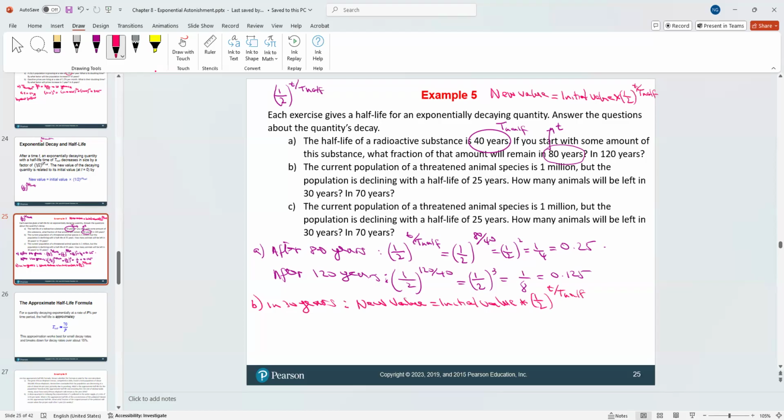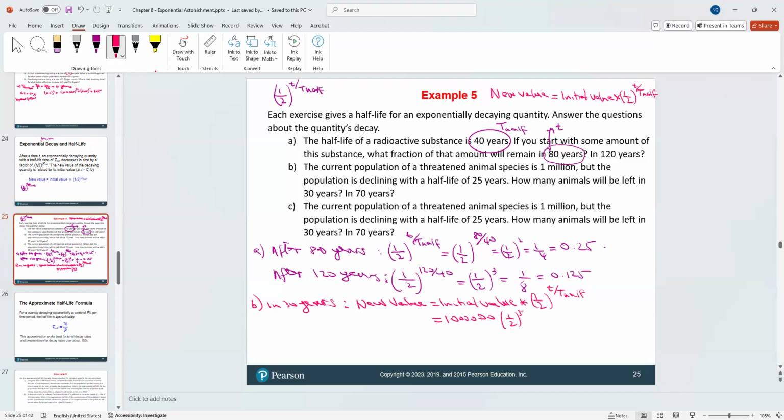Now, the initial value, remember, they said the current population of a threatened animal species is 1 million. So let's put 1 million here, times 1/2. Now, what is small t? The first question is to identify which is small t. How many animals will be left in 30 years?